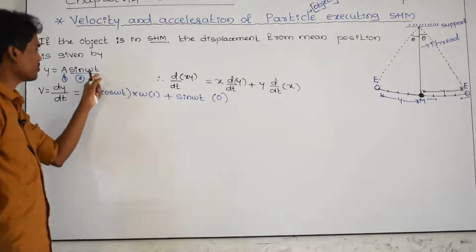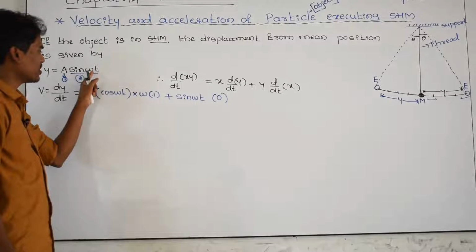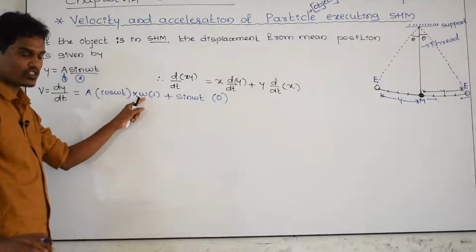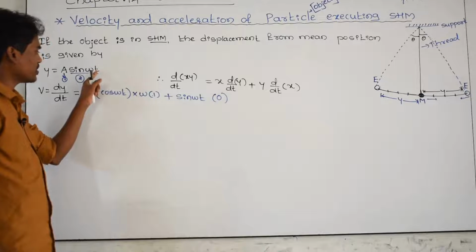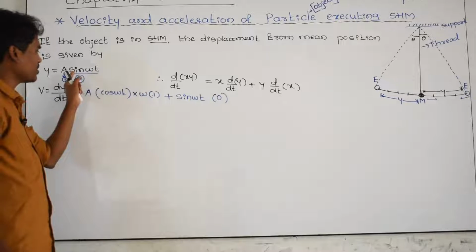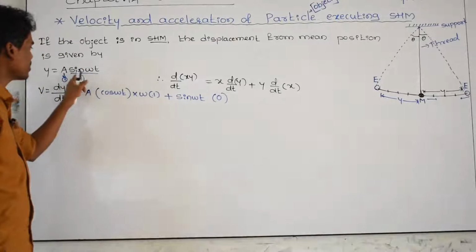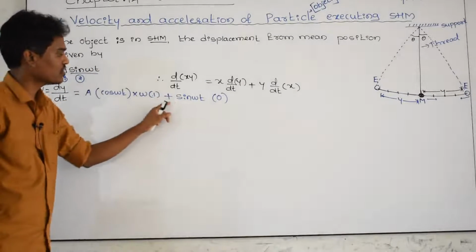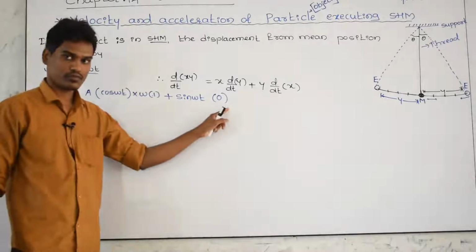The differentiation of this one is cos omega t, and differentiation of omega is omega. It is not changing because frequency is always constant, and differentiation of t is 1. Plus, keep this function as it is, and differentiation of a is 0.